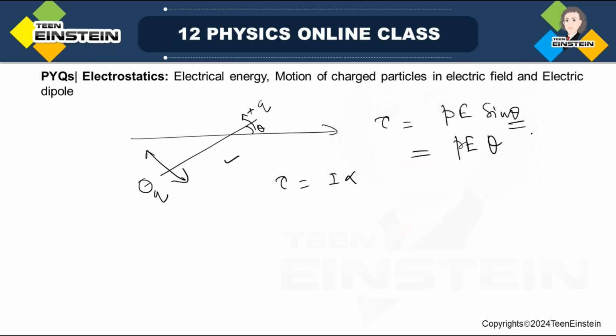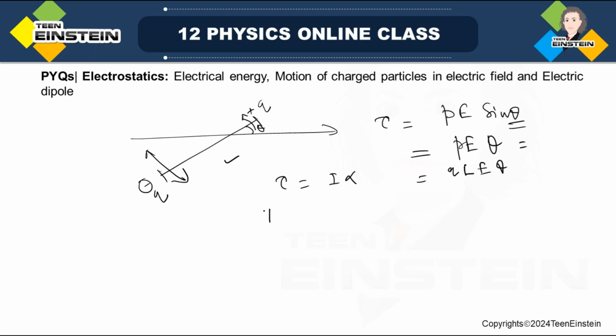So this PE actually I can write, this length is L actually, right? So I can write Q into L into E sine of theta. I'm sorry, sine theta I should not write further. So this is Q into L, E and theta.